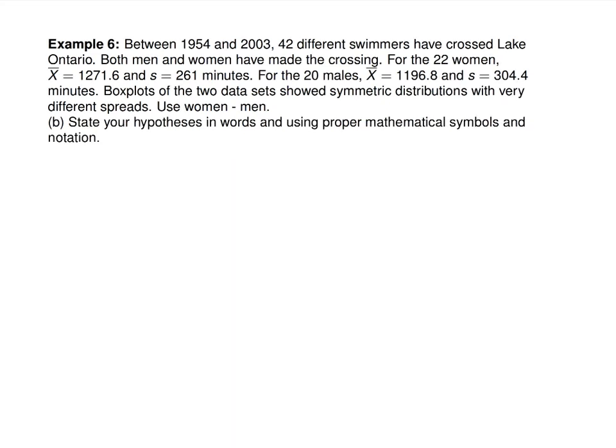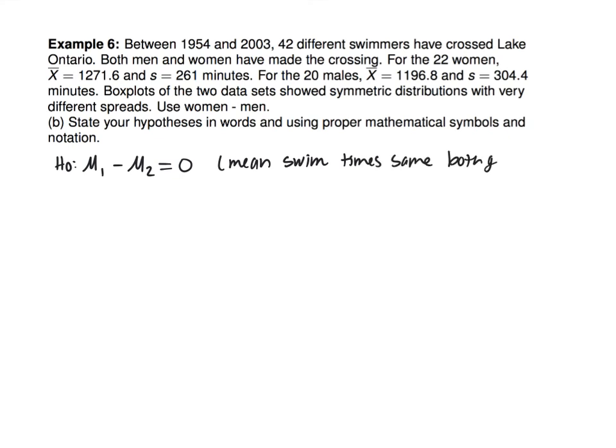Okay, state your hypotheses in words and using proper mathematical symbols and notation. All right, so H naught, we're going to say that the mean time for men minus mean time for women is 0. So this would be the mean swim times are the same for both genders.